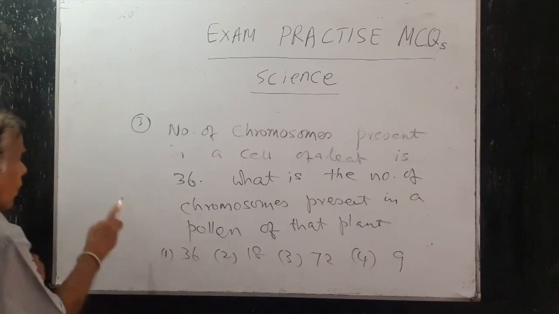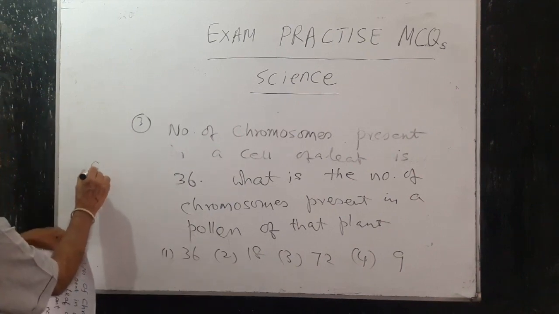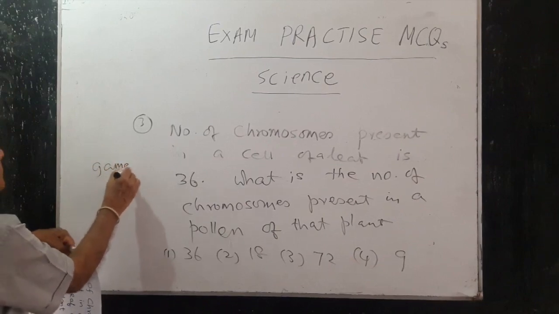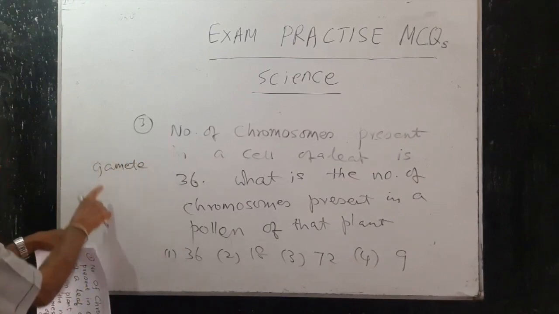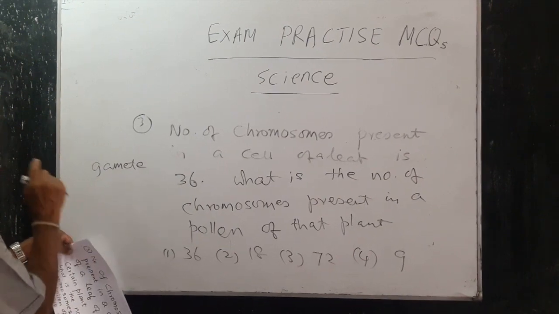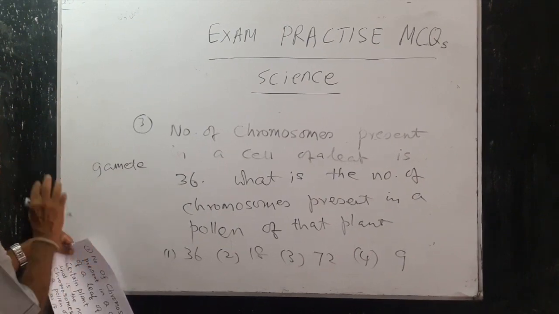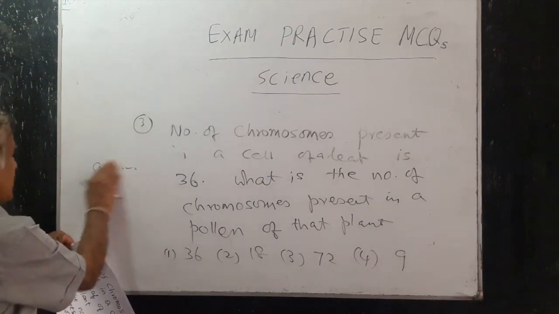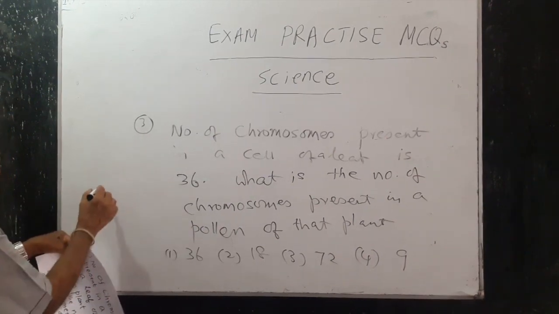Now, pollen is a gamete. Pollens are gametes too. They are male gametes.